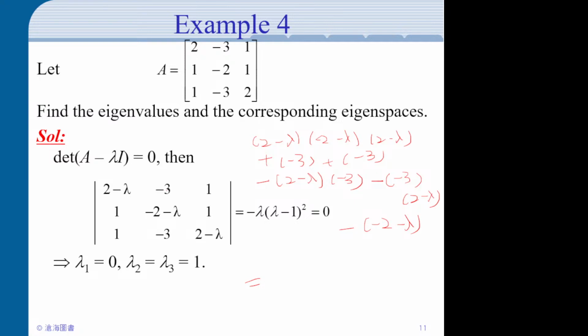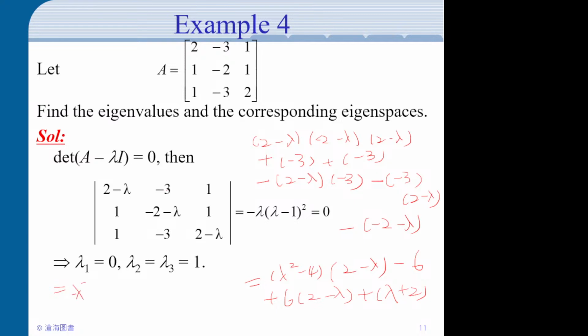So this whole thing is lambda squared minus 4, times (2 minus lambda), and minus 6, and those two terms plus 6 times (2 minus lambda), and plus lambda plus 2.